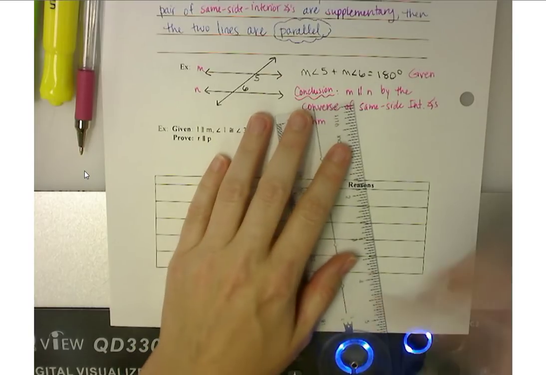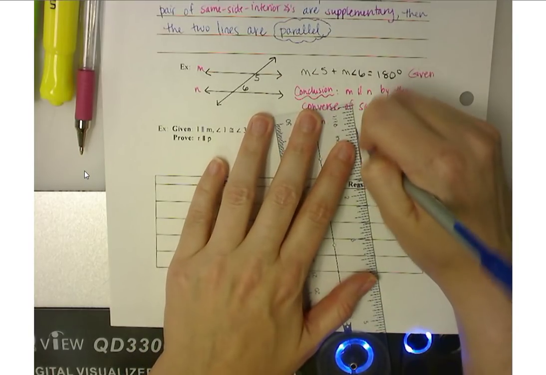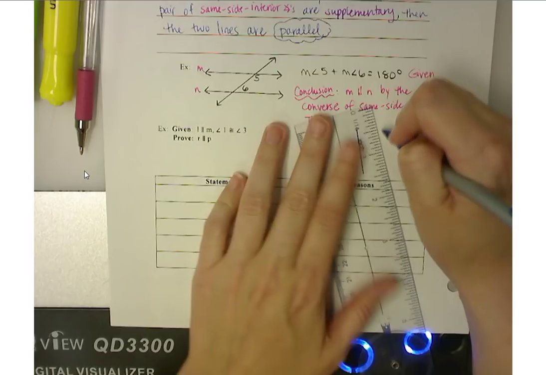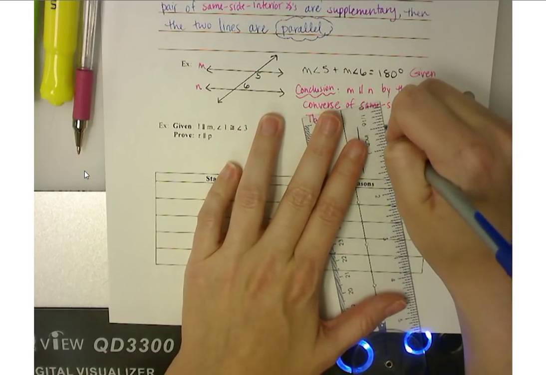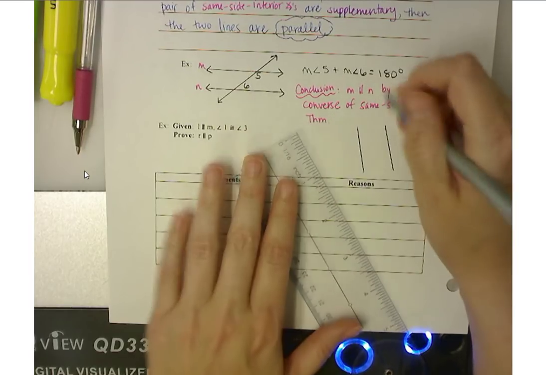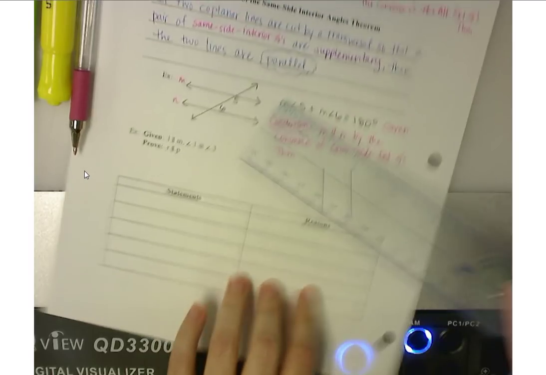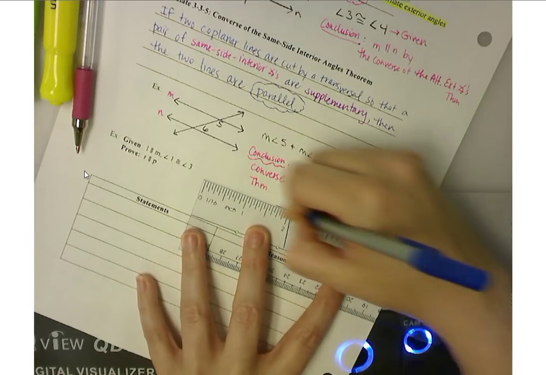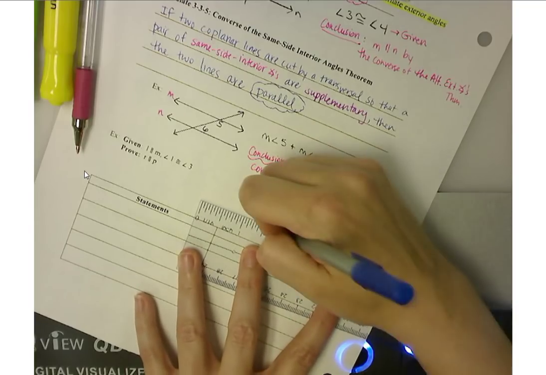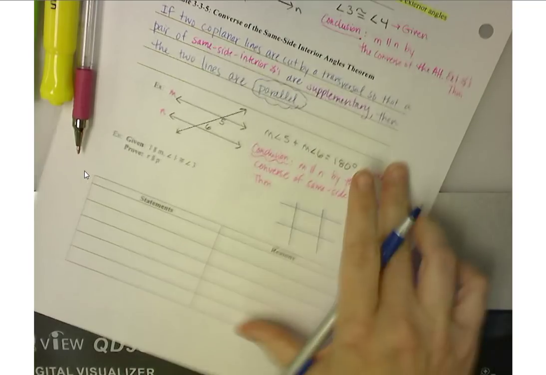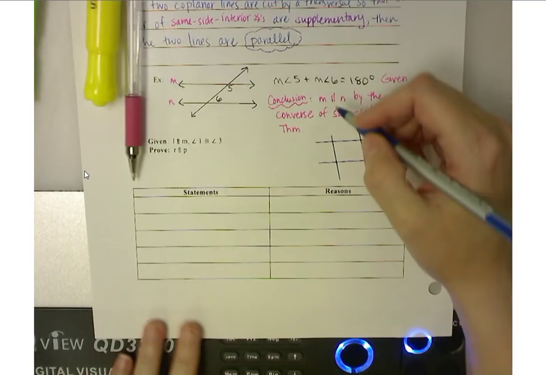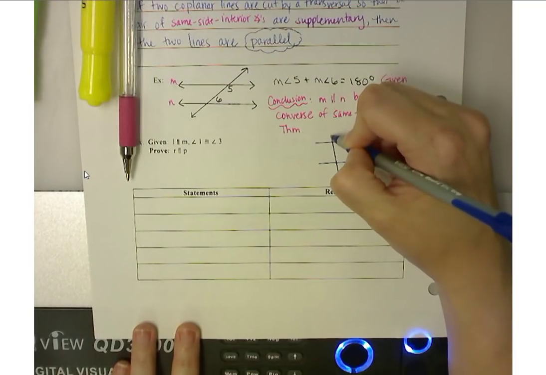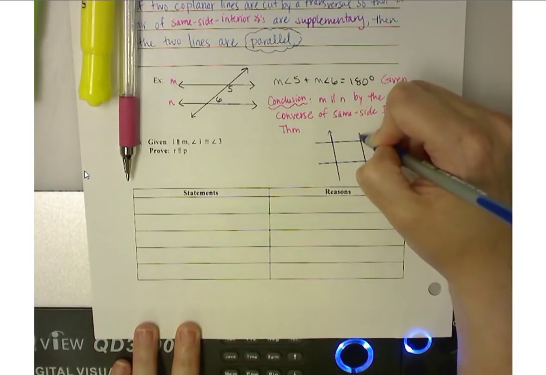So for this proof, you also have a diagram. The diagrams are really important because they're going to help you figure out what types of angles you have. And we are going to be marking our diagrams. Okay, so if you have one that you are doing in your book, I definitely recommend writing that out on your paper so you can mark it up.